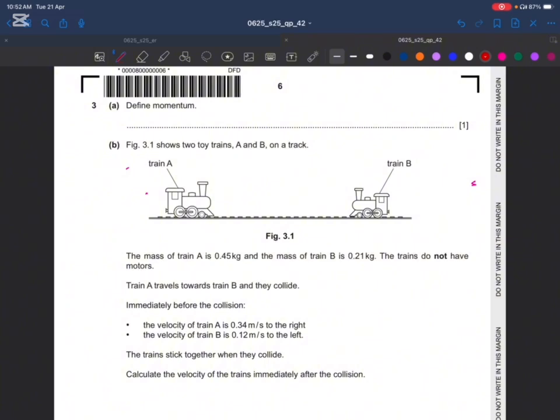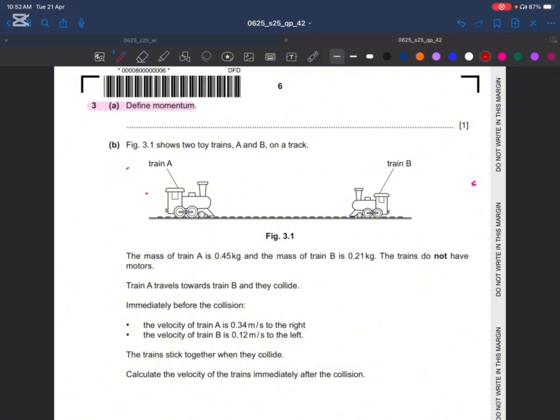Now, go to this question. Question 3, define momentum. Again, you can see the pattern that in each question, at least one sort of definition is there. So you must remember the definition, and you need not think about it at the examination center, but you have to remember this by heart.